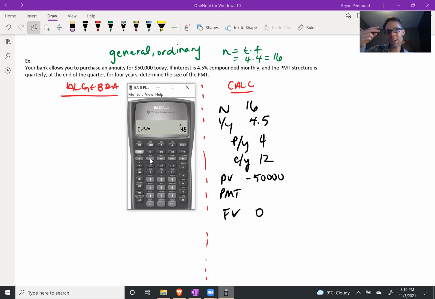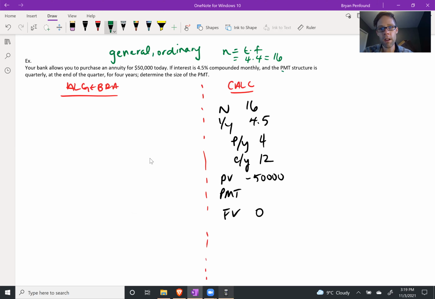Okay, so it's a bit of a slight difference between compound interest and annuities. That's correct, yeah. So we're using 4 here because the payment structure is quarterly, that's right. Okay, so I'm looking at the payment structure to get our F value for N.